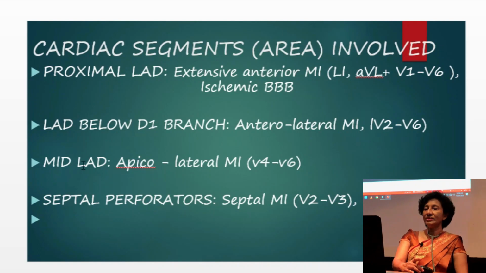If the occlusion is in the mid LAD, leads V4 to V6 will show abnormalities; that is called apicolateral MI. If the ostia of the septal perforators are affected, V2 to V3 will show ST segment abnormalities, ischemic changes, or the ECG will show ischemic bundle branch block.